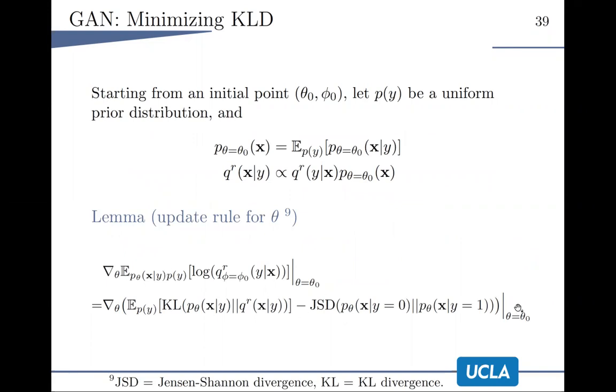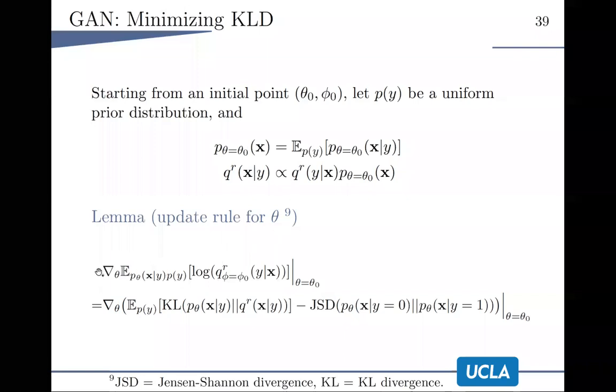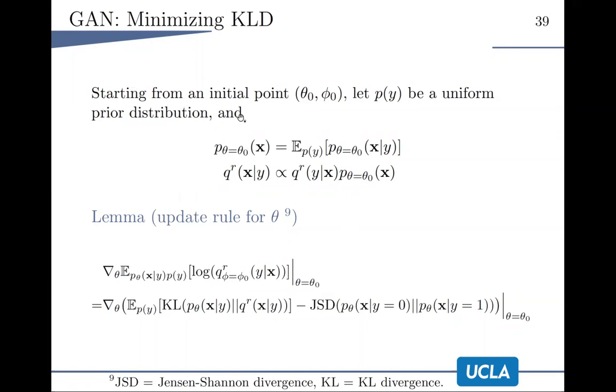And this equation down here is the derivative of this equation. It's given in lecture as a lemma, and we didn't prove it. So first, starting from an initial point which we call theta 0, phi 0, the starting point of the parameters, we have p(y) be a uniform prior distribution.